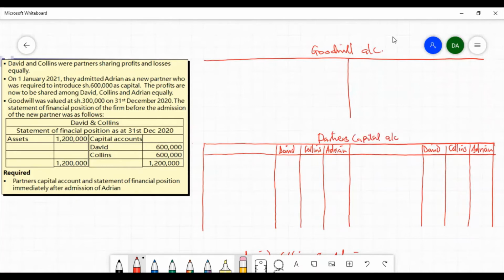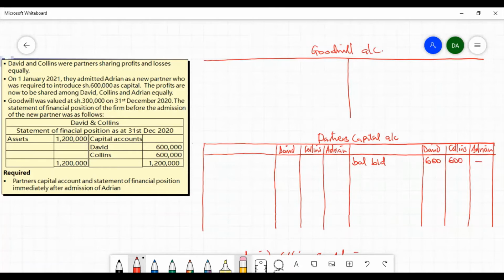Now, the first entry is the capital balances brought down from the previous period. The balance brought down of capital account is 600,000 for David and 600,000 for Collins. There is none for Adrian.